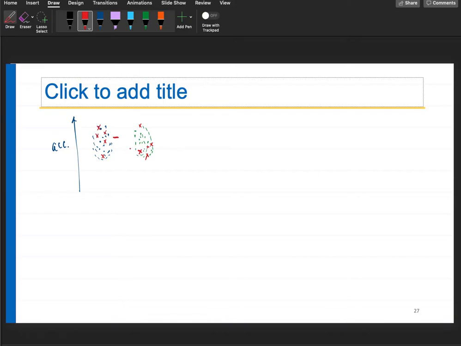For this one, the mean will be somewhere here. So when you did your testing, you find out that for my blue algorithm, my mean accuracy is this much. But for my green algorithm, the mean accuracy is this much. So what can you say clearly, looking at just these 5 sets of accuracies? The blue one is better, right? The blue algorithm is better than the green algorithm.